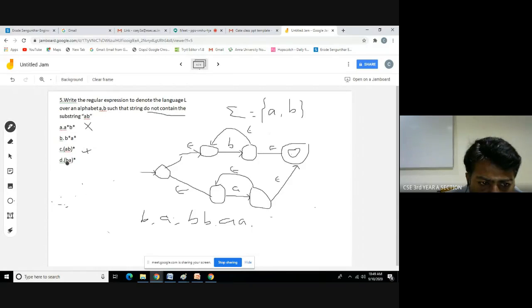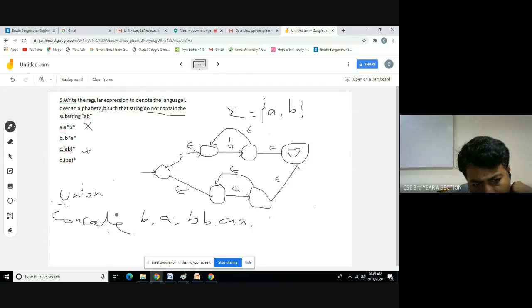This is a concatenation. I already told you about the properties of regular expressions. One is union, next one is concatenation, and the last one is Kleene closure, right?